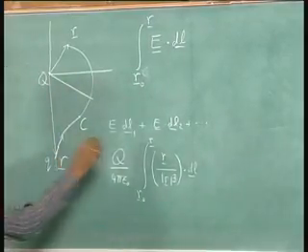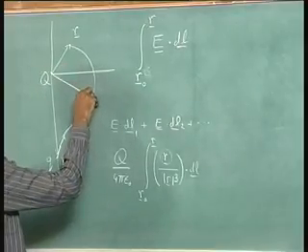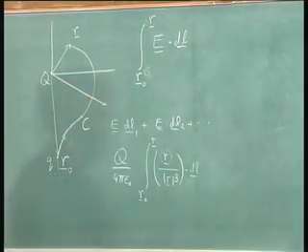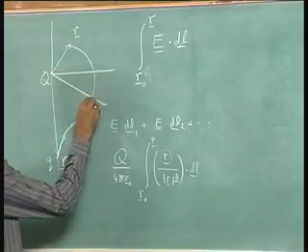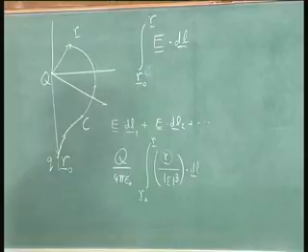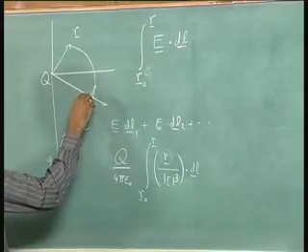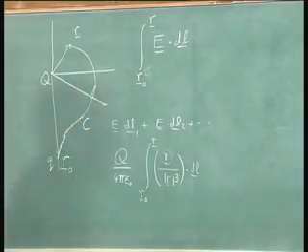But this direction r at any point is pointing outwards. This dl points in some general direction, but dl dot r only cares about that part of dl that is along the radial direction.